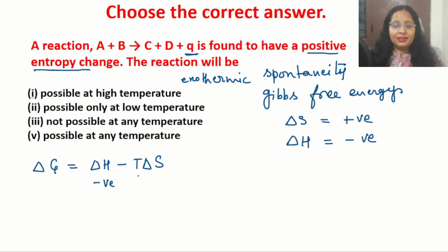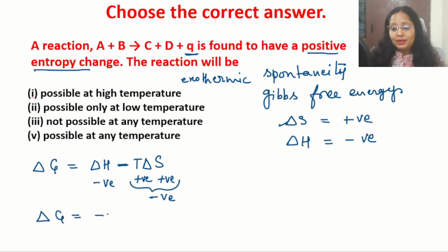So temperature is positive. Delta S is given, which is positive. But overall it becomes negative because the minus sign is kept in the formula, delta H minus T delta S. So now from this we get that the delta G value should be negative.